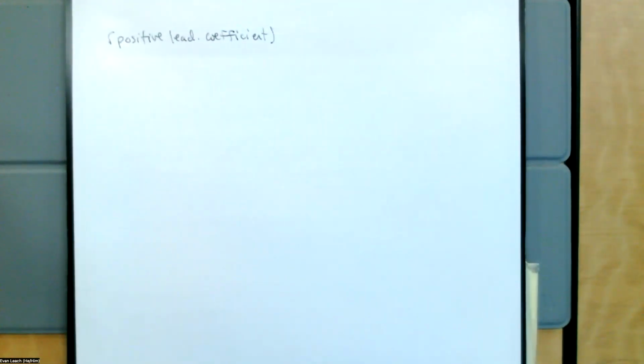I want to cut my drawing in half. And I'm just going to look at a positive leading coefficient. Let's just worry about a positive leading coefficient. One of the things that could happen is that we get three distinct real zeros.